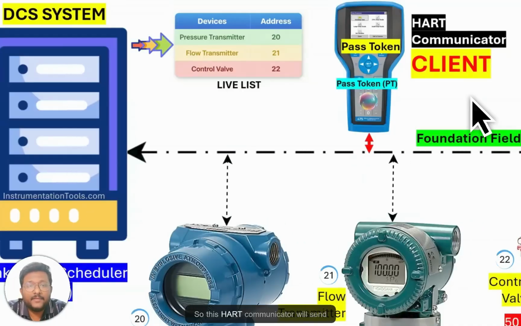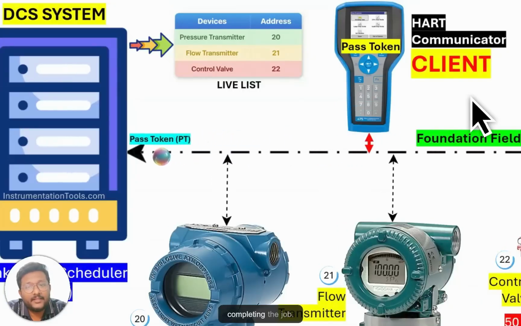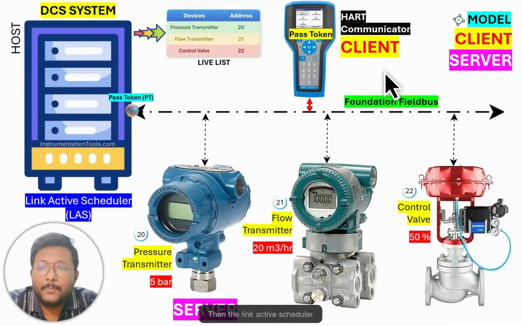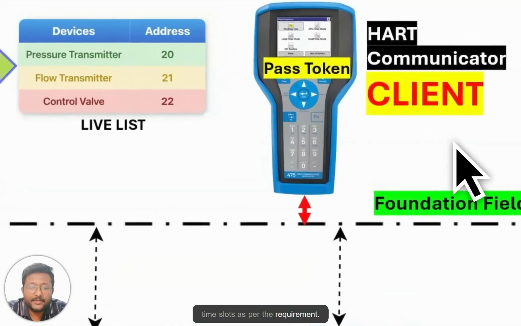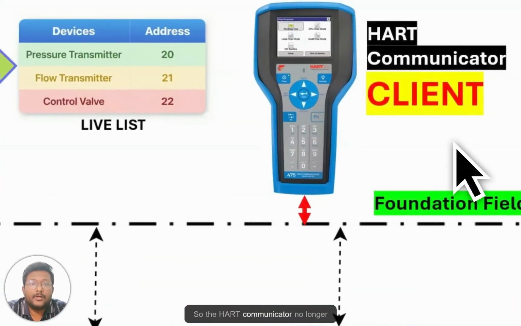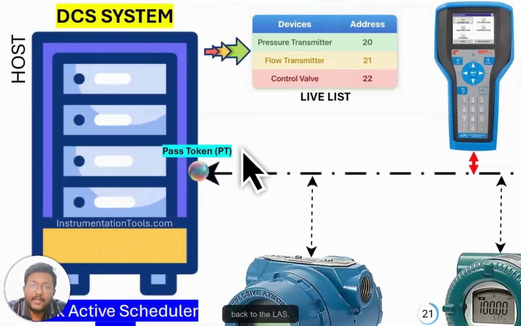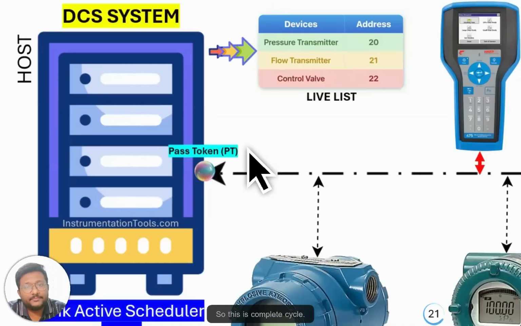So this HART communicator will send the pass token back to the LAS after completing the job. Then the Link Active Scheduler updates its status and updates the time slots as per the requirement. So the HART communicator no longer has the pass token because it has given it back to the LAS. So this is the complete cycle.